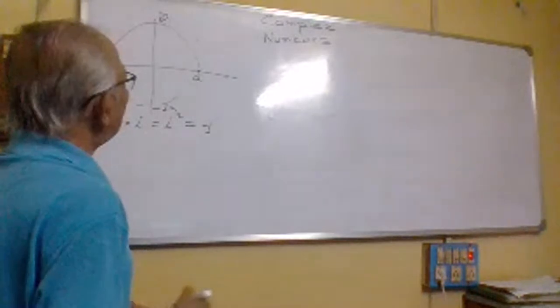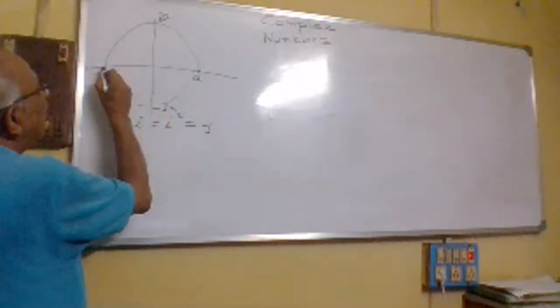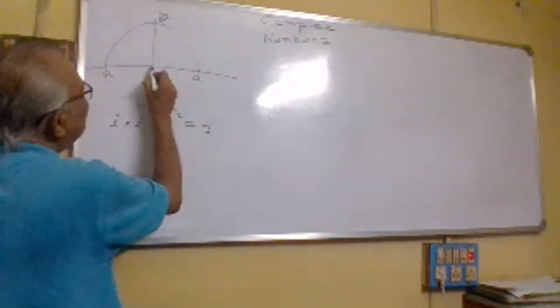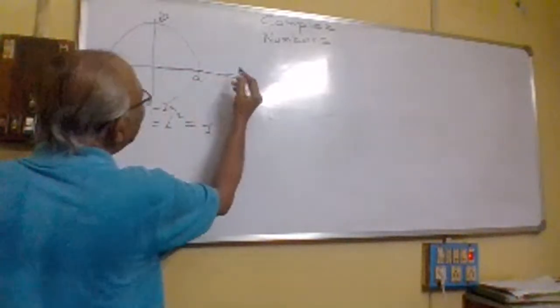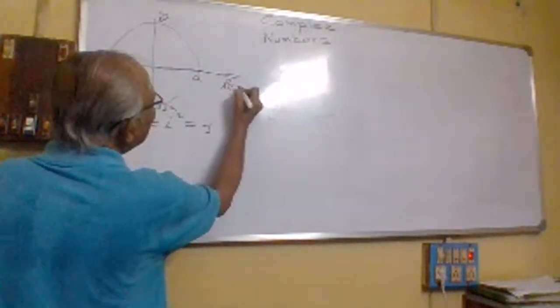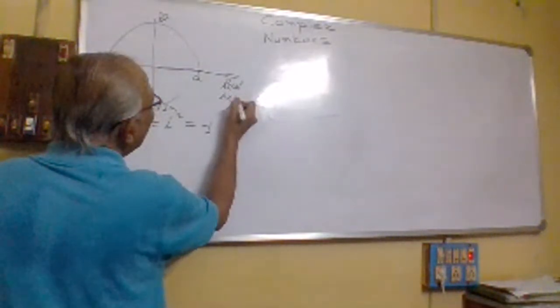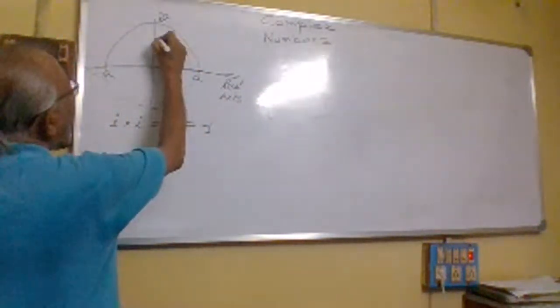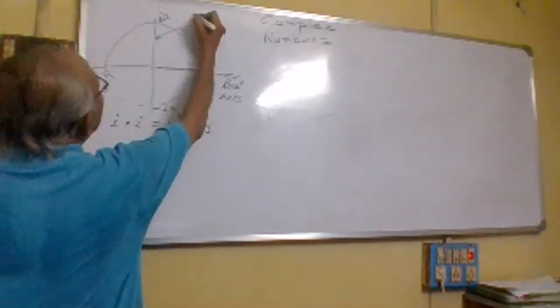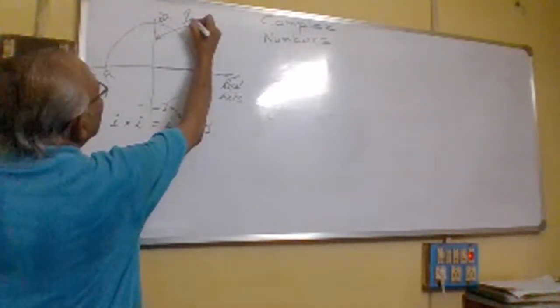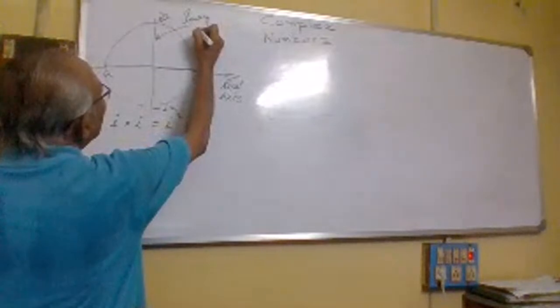So in this way, we can say the number line, this is called the real axis. And this one we are saying the imaginary axis.